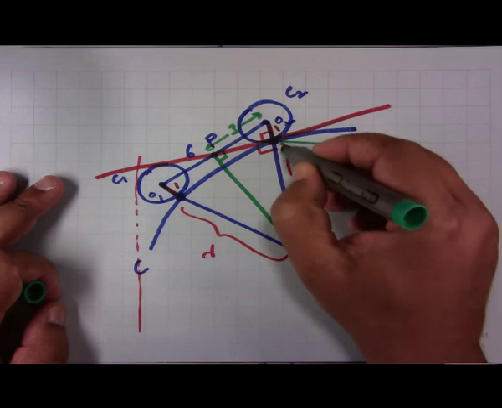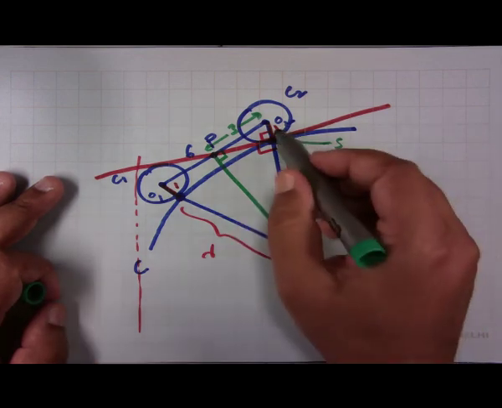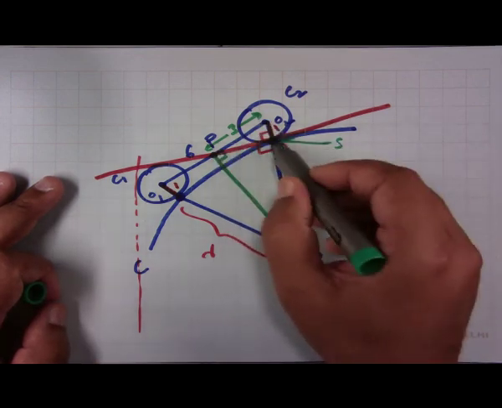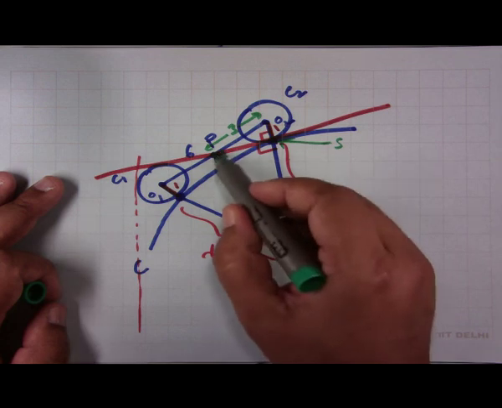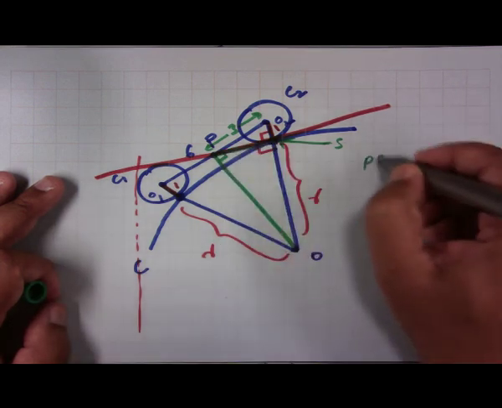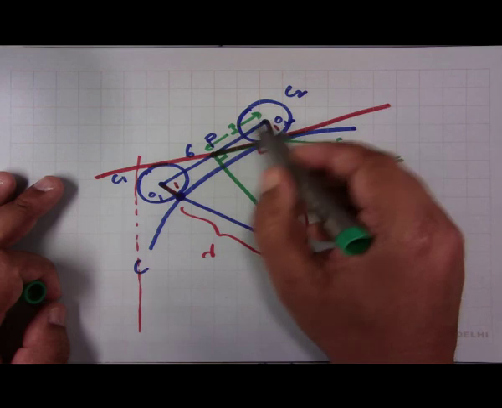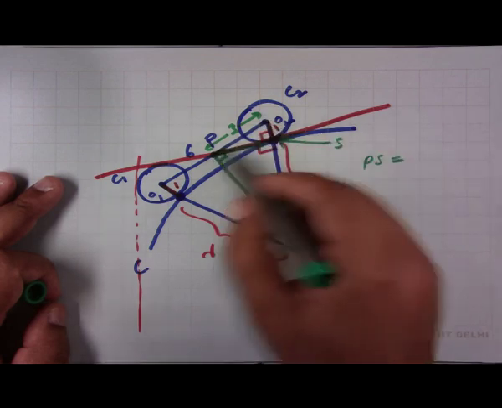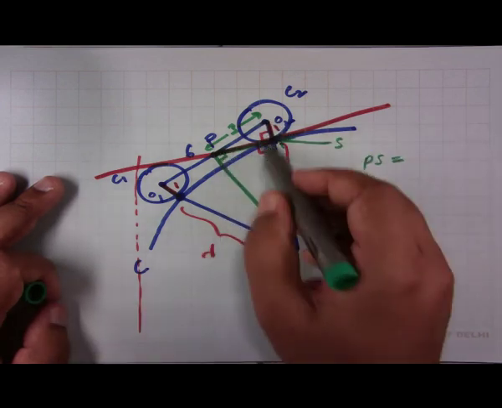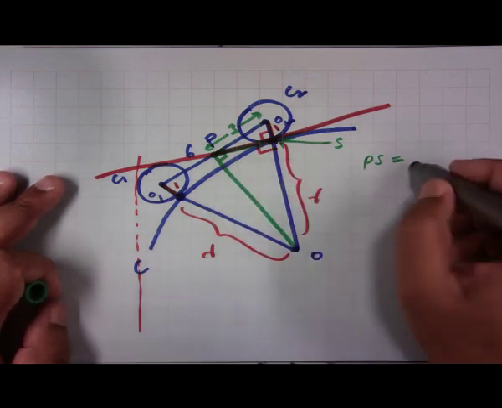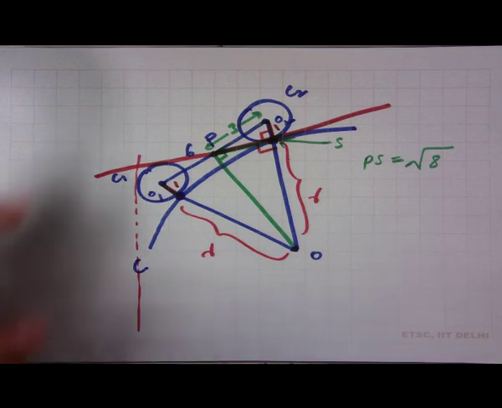Let this point of contact be denoted by S. Now, this triangle O2PS is a right angle triangle, and therefore, from the Pythagoras theorem, 9, which is the square of this hypotenuse, will be equal to the square of PS plus 1, and therefore the square of PS is 8, and hence PS is square root of 8 units.